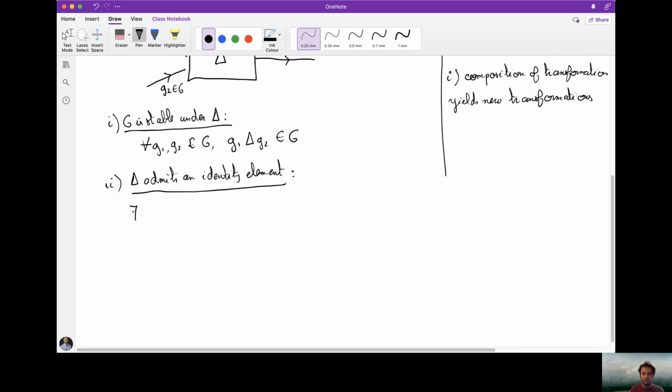It means that there exists some element that we're going to call E, a very particular element, such that for any other element G that we take in the group, if we make the composition between them, E composed with G or G composed with E, then the result is simply G. So E is something that is basically changing nothing, right?